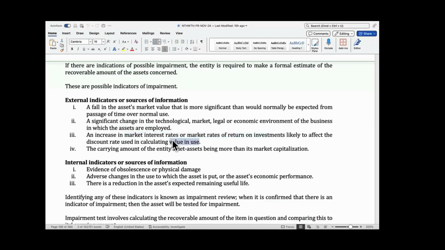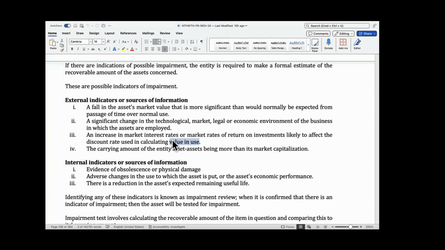So at a theoretical level, right, value in use requires that you get present value of future cash flows. And when you want to get present value, you use a discount rate. And you see, these discount rates, they are usually determined by the market rates, the lending rates, or the MPR.